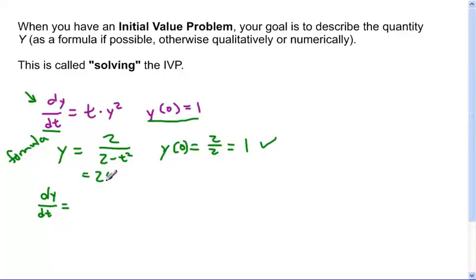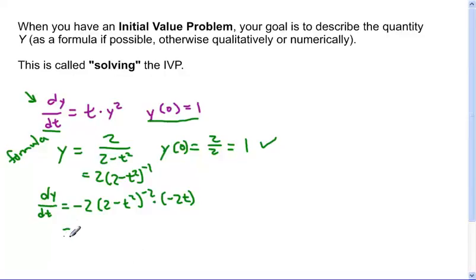Okay, so let me rewrite this as 2 times (2 minus t squared) to the minus 1. The numerator here is just a number, so I don't have to get into the whole quotient rule to take its derivative. I can just do it like this. So if I take the derivative, that'll be negative 2 times (2 minus t squared) to the minus 2. And then there's a chain rule piece. I have to multiply by minus 2t.